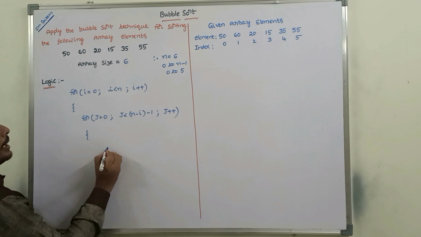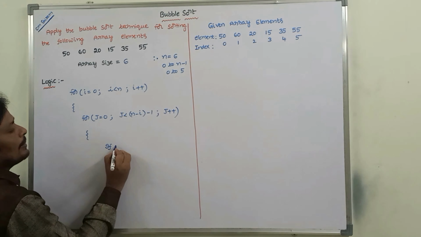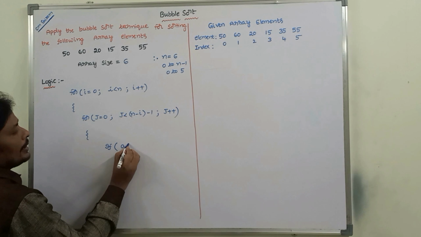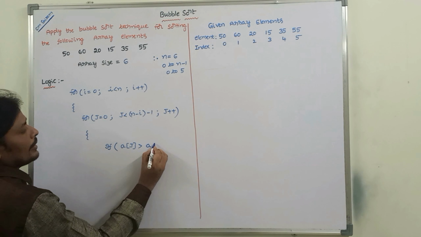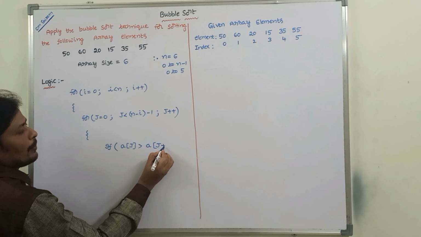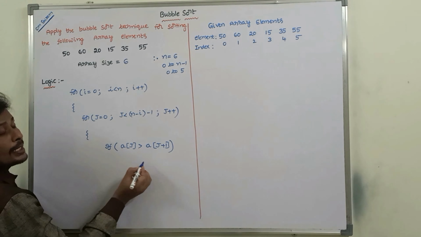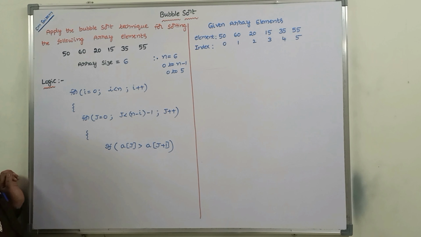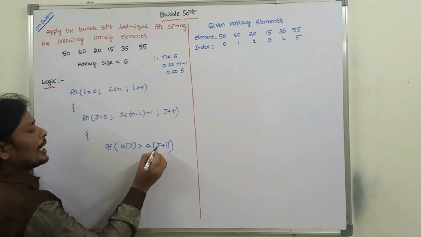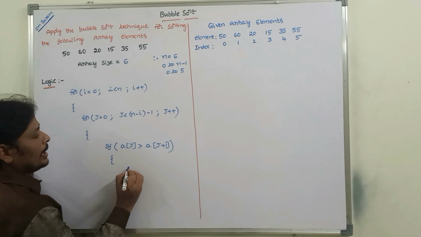Now we are comparing the adjacent elements. If a of j greater than a of j plus 1, so the j element and its adjacent element is j plus 1. We are always comparing the adjacent elements.